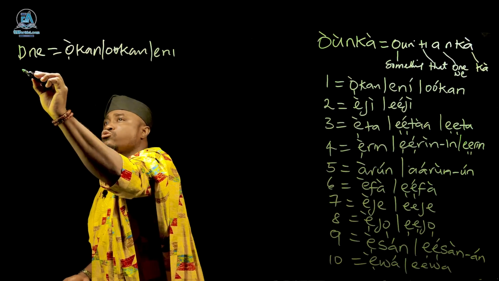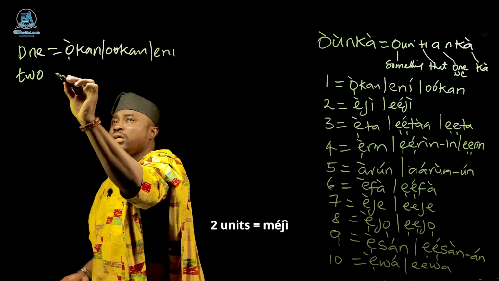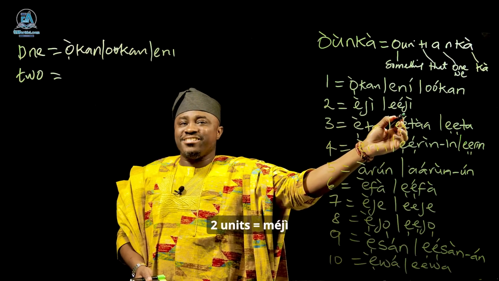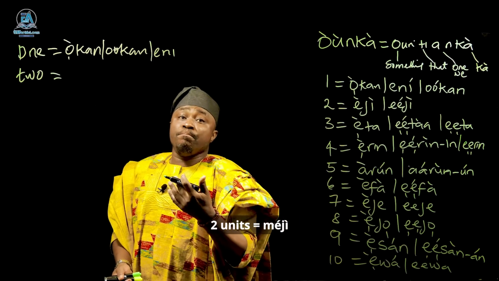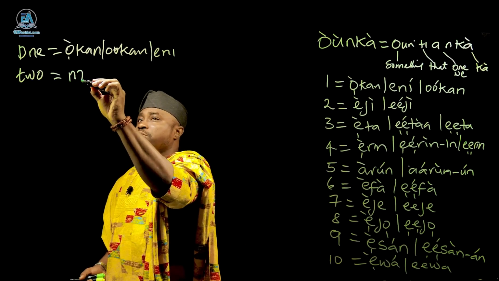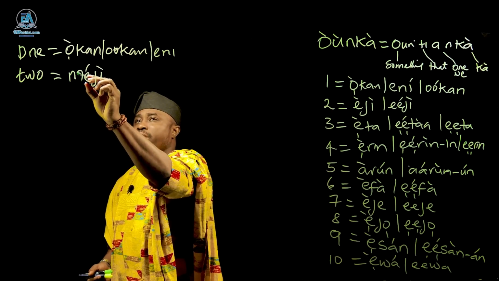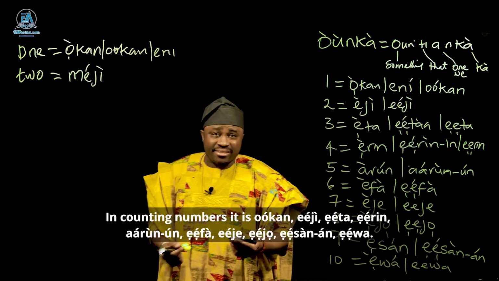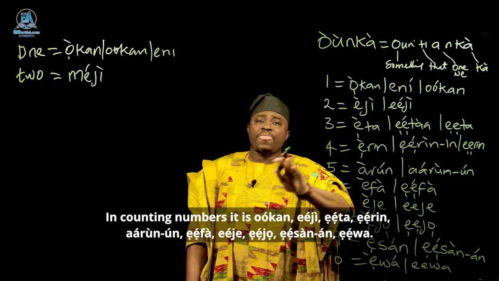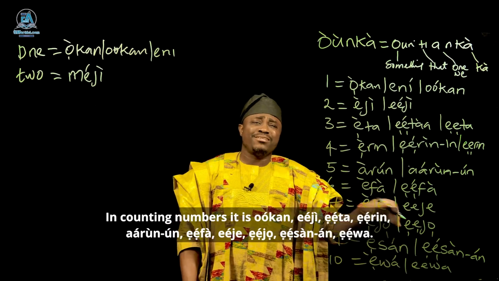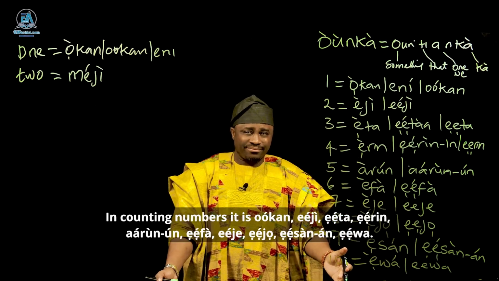But when you say two, you don't say èjì. You then add mé, it becomes méjì. So in counting it is ọ̀kan, èjì, ẹ̀ta, ẹ̀rin, àrún, ẹ̀fà, èje, ẹ̀jọ, ẹ̀sán, ẹ̀wá.